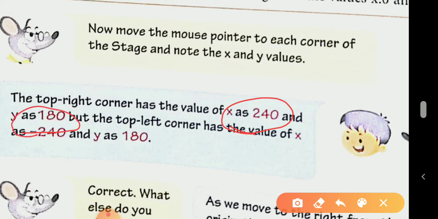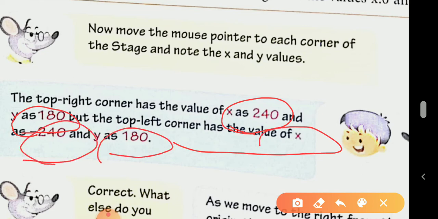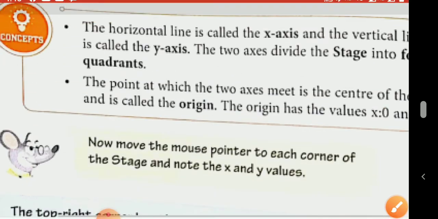The top left corner has x as minus 240 and y as 180.